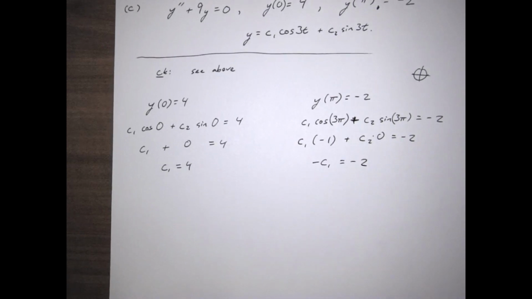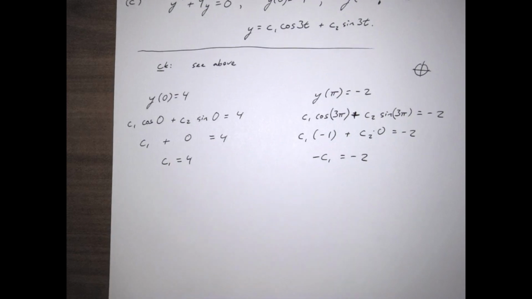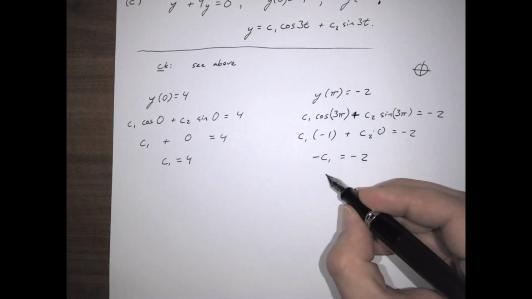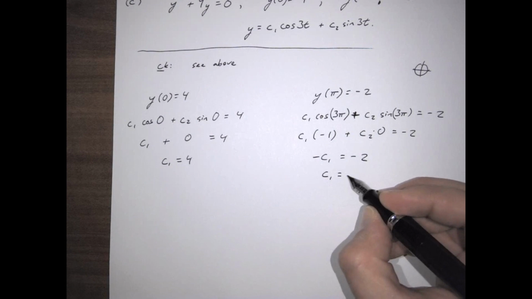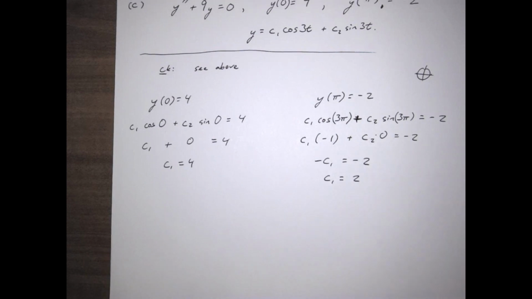Now earlier when I said that this one was going to be a bit spicier, here's where the spice comes in. So notice that between this and this we have an impossibility. So c1 is equal to 2 is what we would conclude from this. c1 is equal to 4 is what we would conclude from above, or from right here.